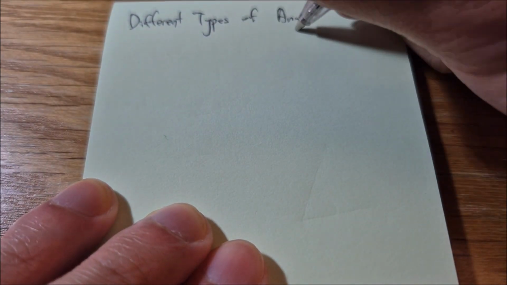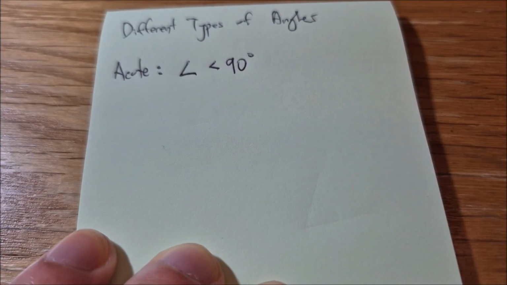Let's now go over the different types of angles. So an acute angle is one where the angle is less than 90 degrees.